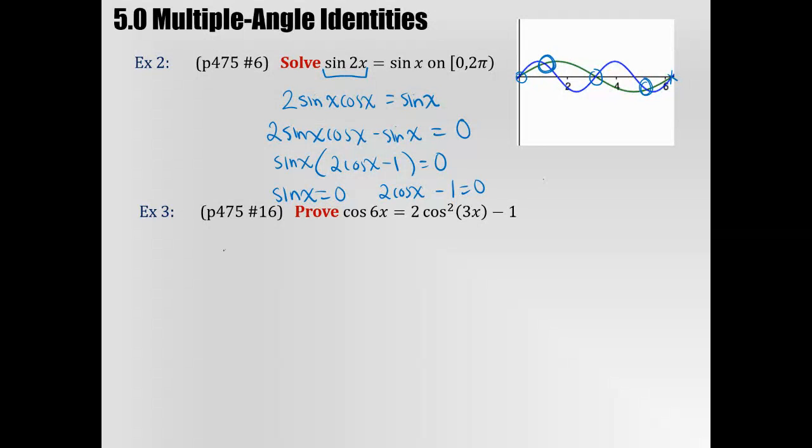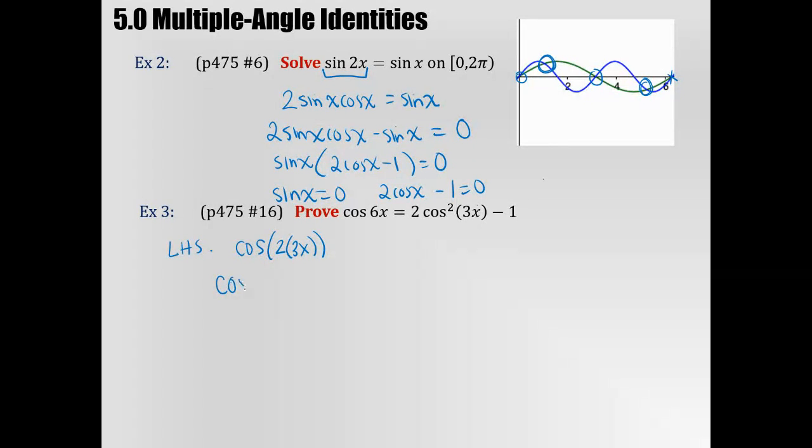This might seem different, but I'm going to just work on the left-hand side. I'm going to rewrite that to be the cosine of 2 times 3x, right? I can see that I want it to be a 3x. So I'm going to work with that. And then I'm going to use the double angle identity here.